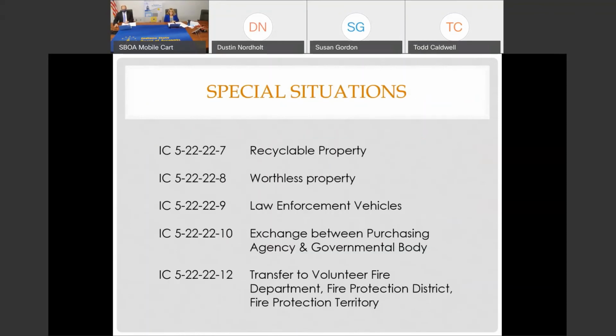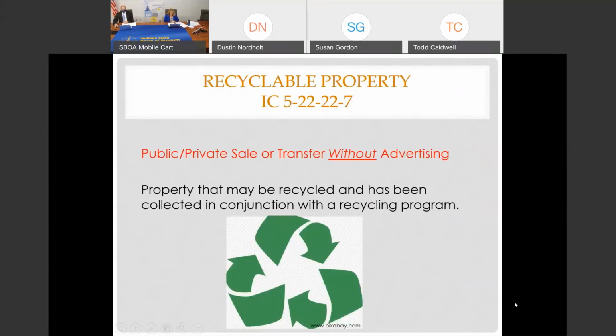There are special situations that are specifically discussed in the statute. Those are listed here on this slide, and we're going to go through each one of them. It's just kind of a title slide. So for recyclable property in 522-22-7, that can be sold at a public or private sale, or it can be transferred without advertising.